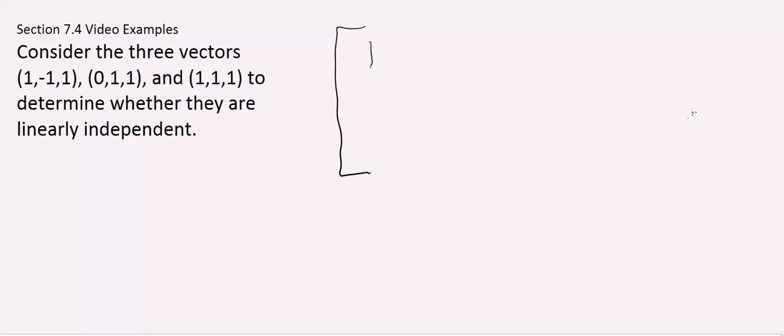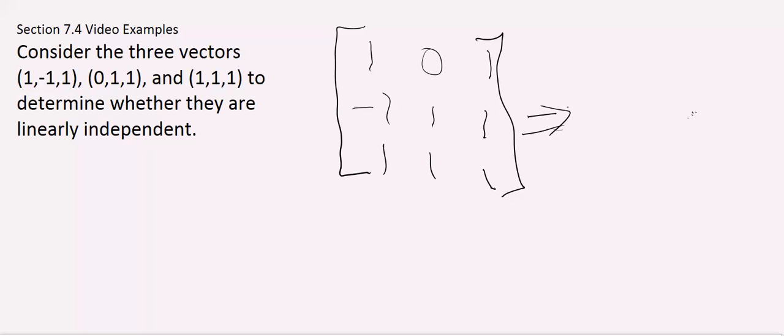So I have 1, minus 1, 1, 0, 1, 1, and the last vector is 1, 1, 1. Now these are placed as column vectors, and when I perform the Gaussian elimination tasks, I copy over the first row, 1, 0, 1.